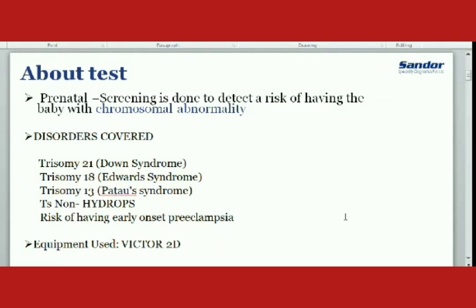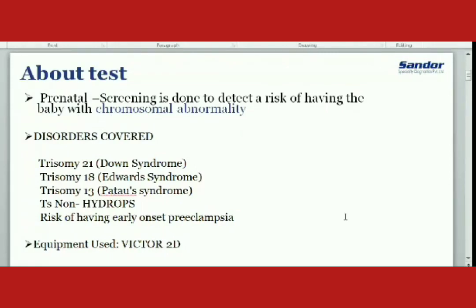Numerical causes are when there is an extra chromosome or one less chromosome. When you say it is 23 pairs, it could be an extra chromosome or one removed from that.